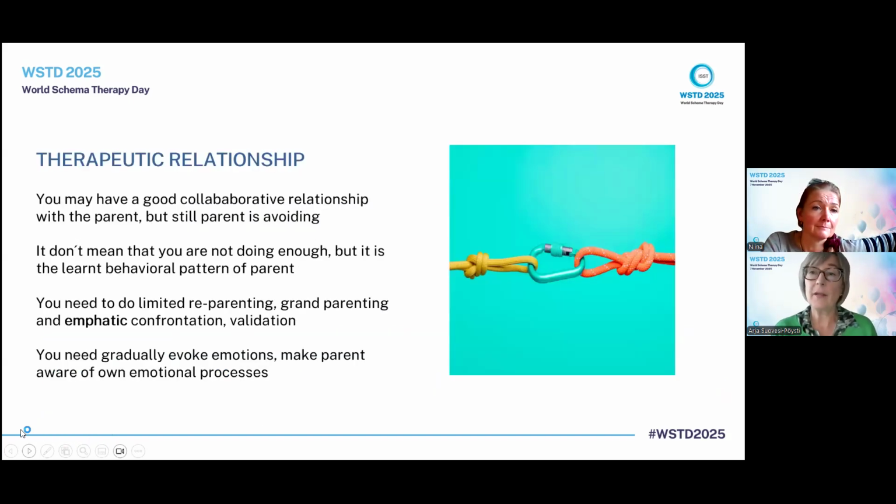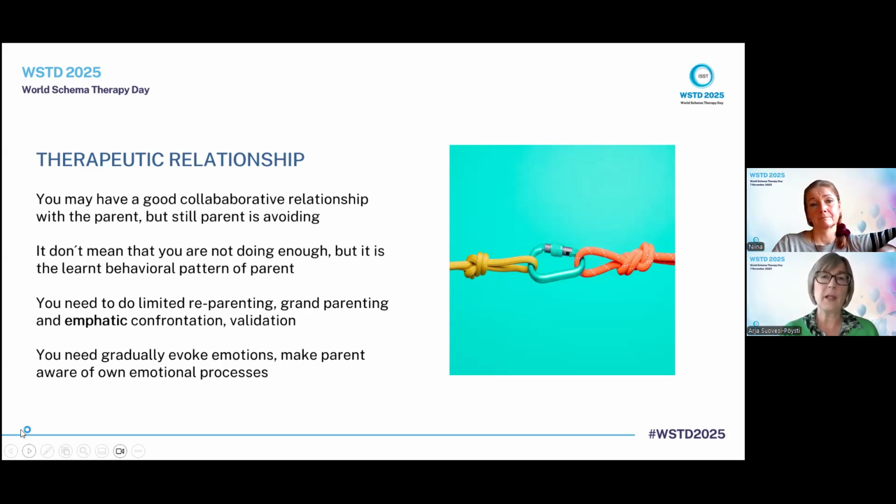As therapists, we always want a good therapeutic relationship with our clients and with the parent. And of course, you may have a good collaborative relationship with the parent, but the parent is still avoiding some issues. So it doesn't mean that you are not doing enough, or that it's your fault, but it's important to remember that it's a learned behavioral pattern of the parent.